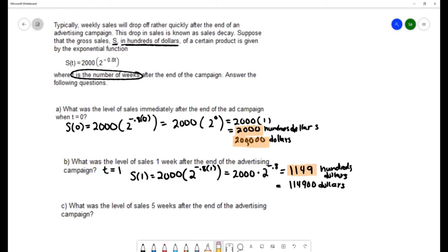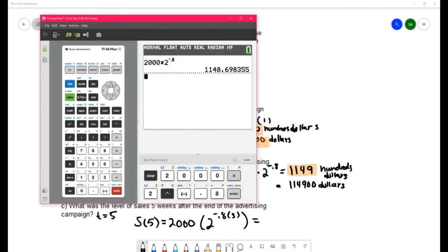In part C, the question is, what is the level of sales 5 weeks after the end of the advertising campaign? So that would have t equals 5 for 5 weeks. We're going to find S of 5. That's 2,000 times 2 to the negative 0.8 times 5. And let's type this in the calculator to get our answer.